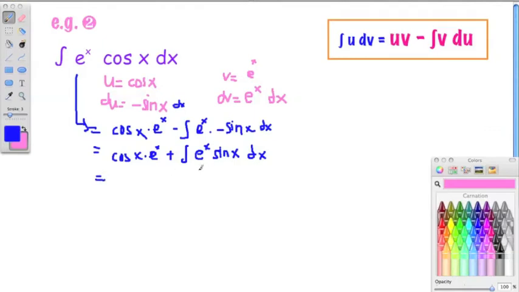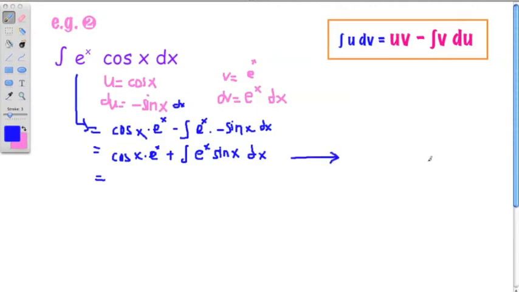When we continue to integrate e to the power of x sin x, again we use the formula. So again, we will find u, which is u2, and dv2.